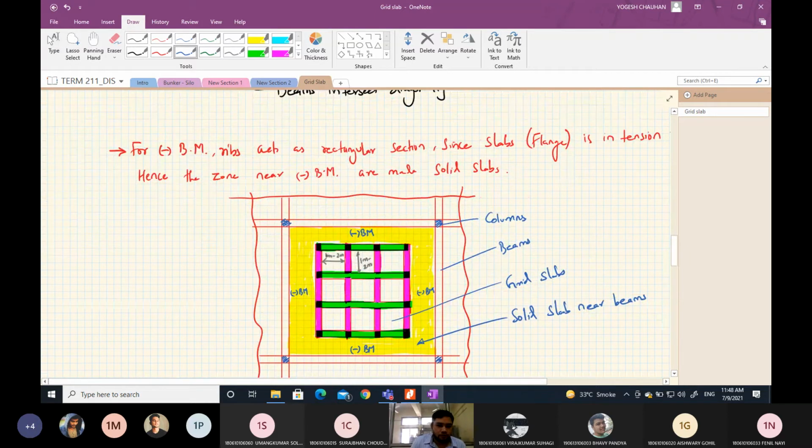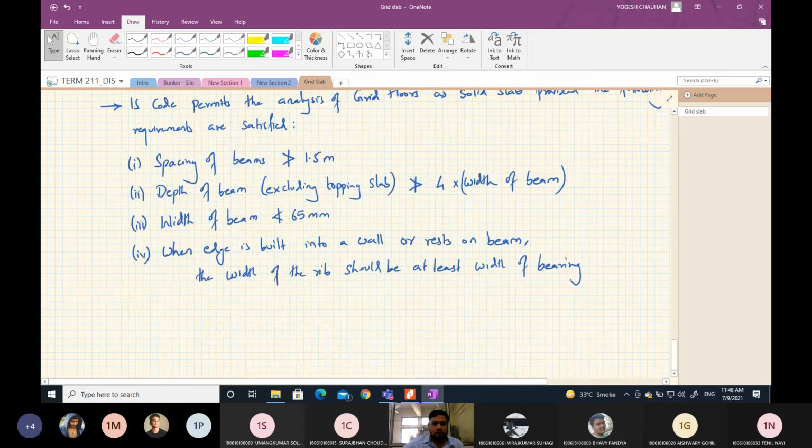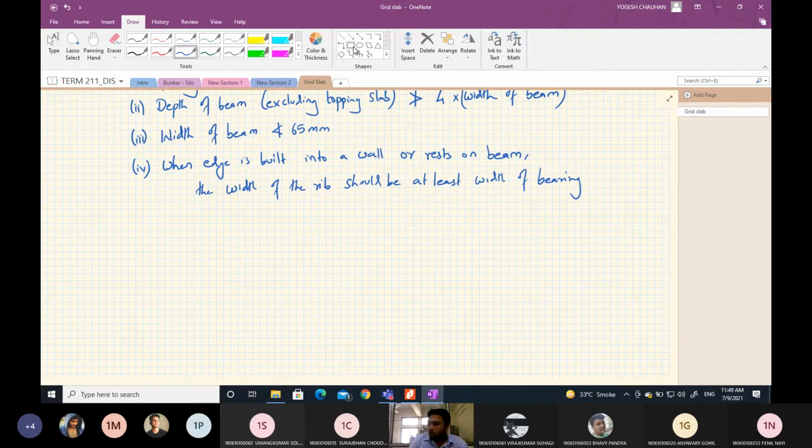Suppose this is the wall, and suppose we have a grid floor.